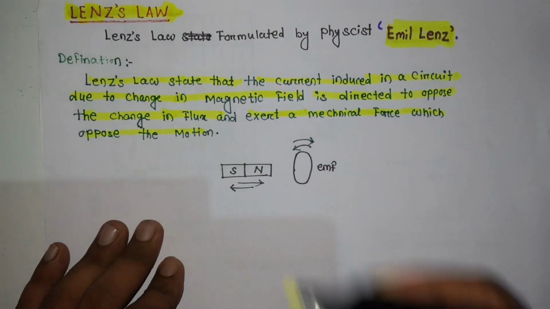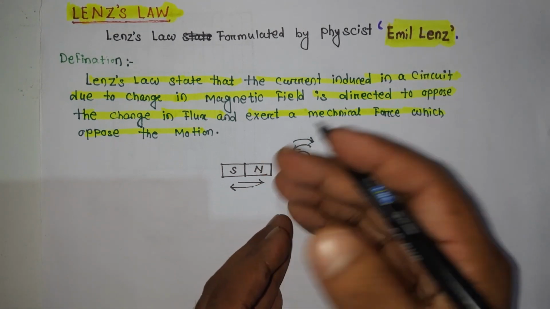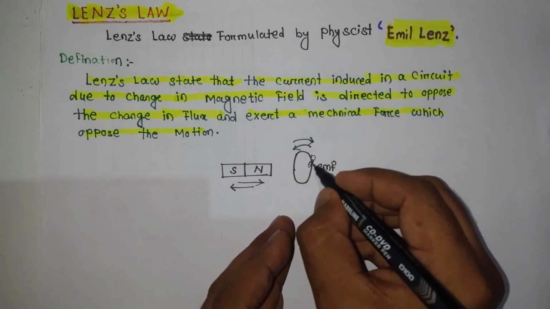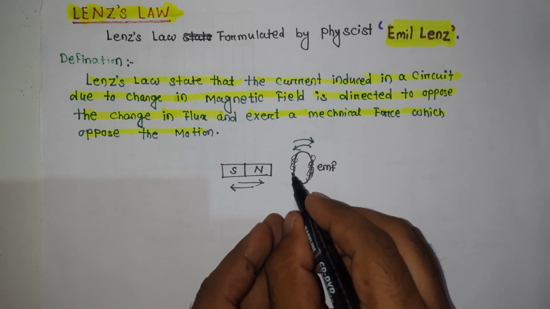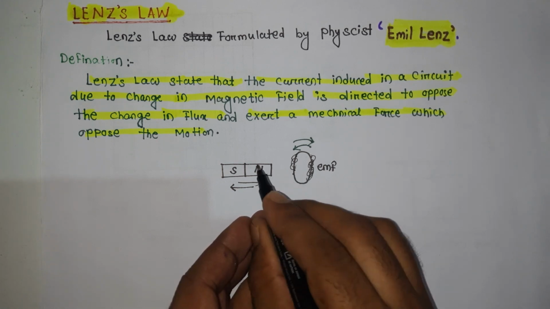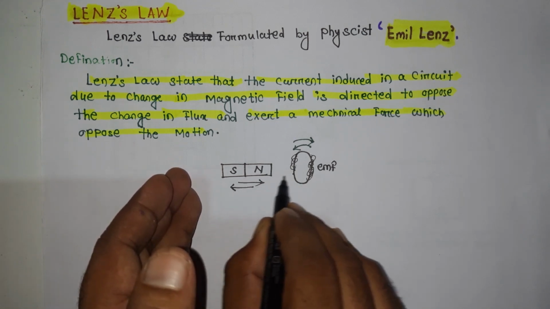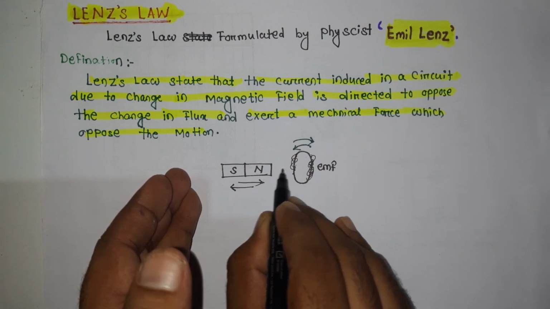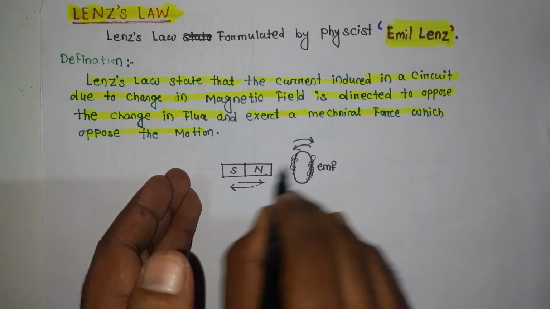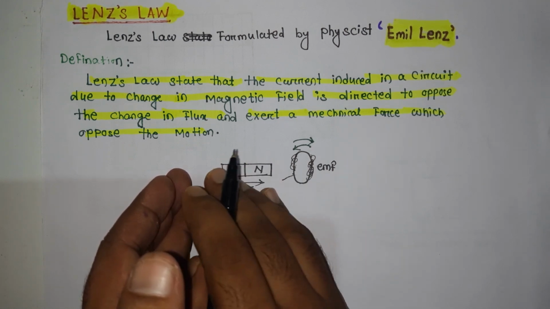which opposes the motion. That means whatever amount of current is induced, it will also produce some flux. That flux always opposes the change in the main flux. If the magnet moves towards this coil, the flux lines go this way, and the coil produces flux the other way so that it opposes the main flux.